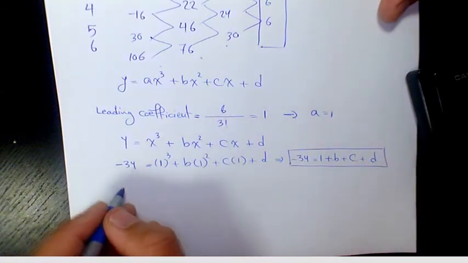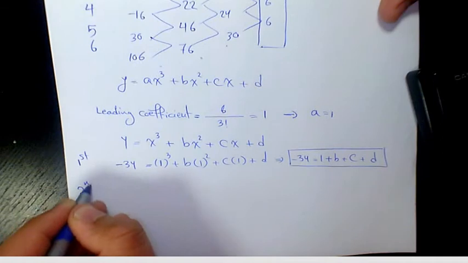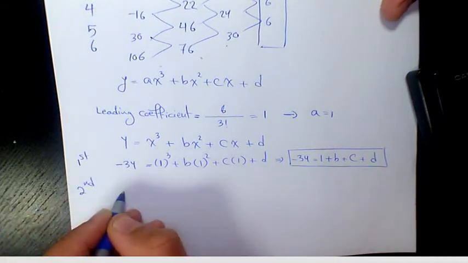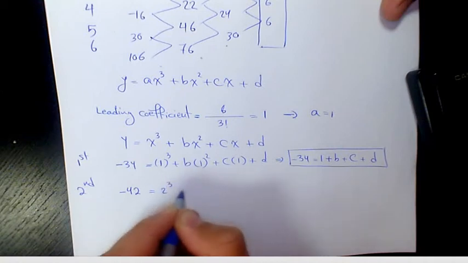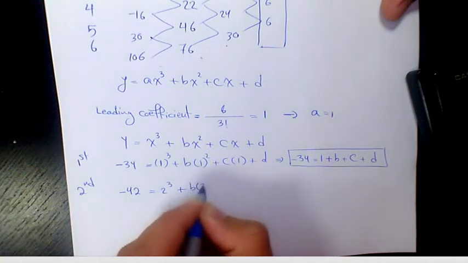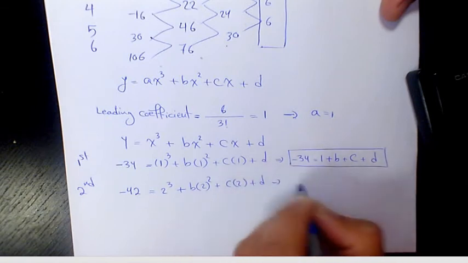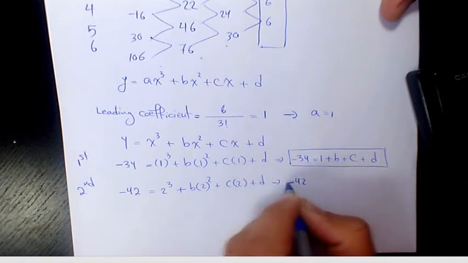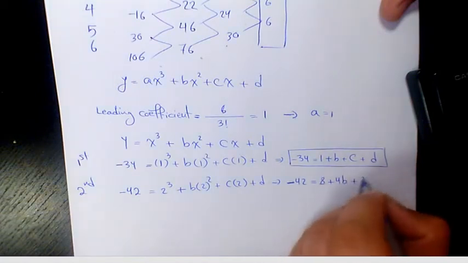And then I'm going to have the second point. Second point is going to be negative 42 equals 2 cubed plus b times 2 to the power of 2 plus c times 2 plus d. It's going to make it negative 42 equals 8 plus 4b plus 2c plus d.